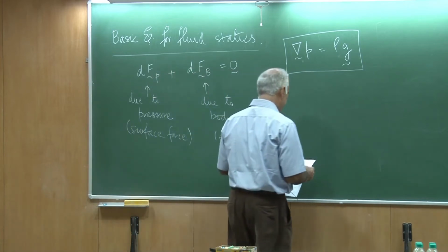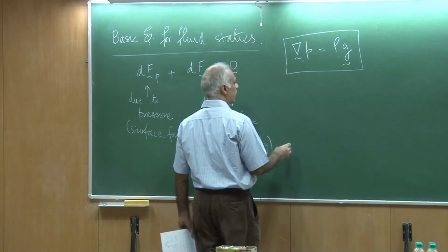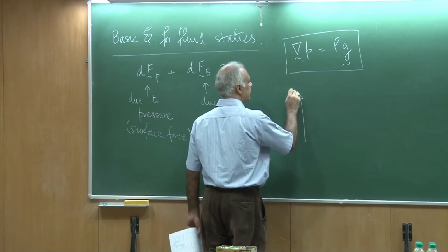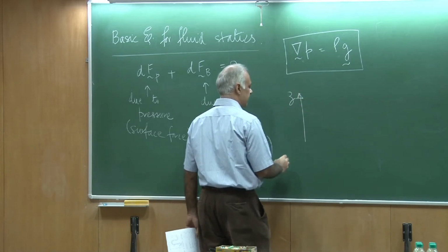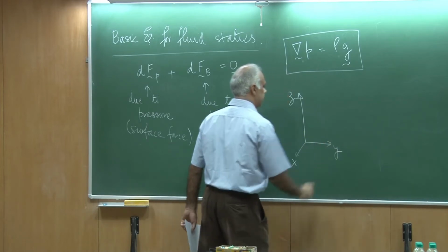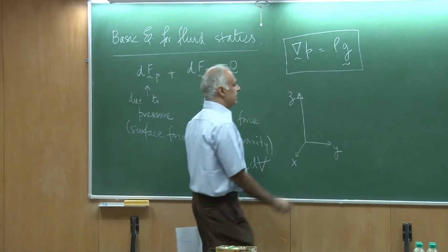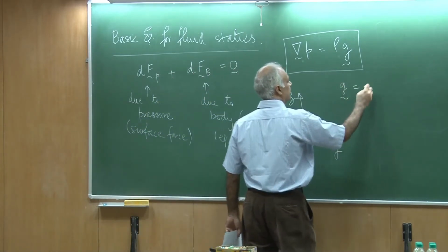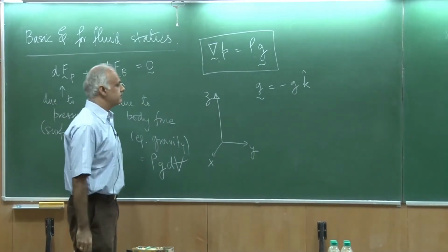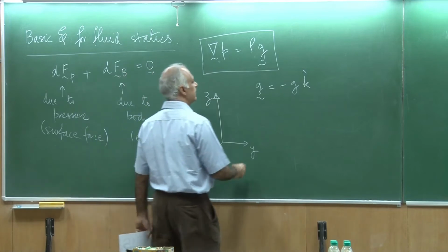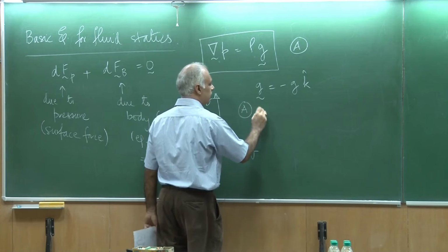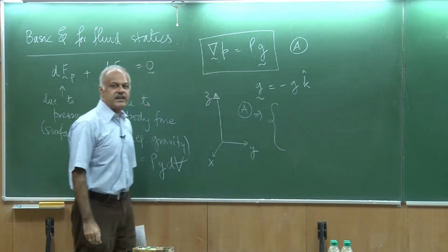We can now simplify this for a certain coordinate system. So suppose my coordinate system is that this is my z axis and this is my x axis, this is my y axis, then g is minus g k. And then this equation, if I call this equation A, would result in three scalar equations.